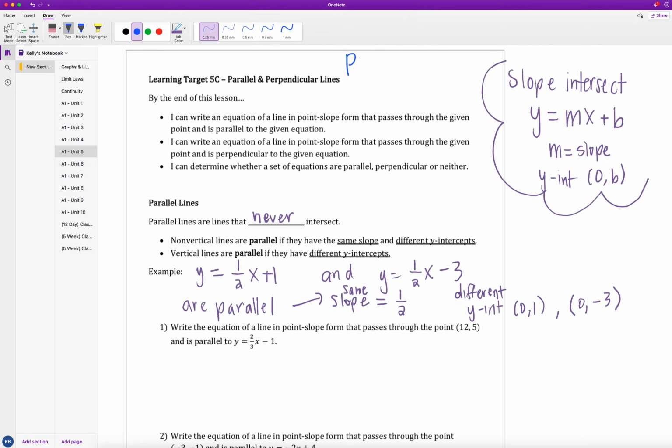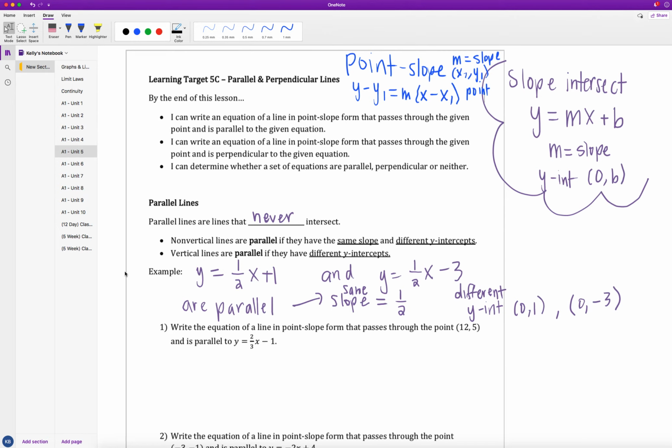So up here at the top, I'm going to add our review about point-slope form, which, remember, is y minus y1 equals m times x minus x1, where again m is our slope, and (x1, y1) is our point. And we're going to use both of these.